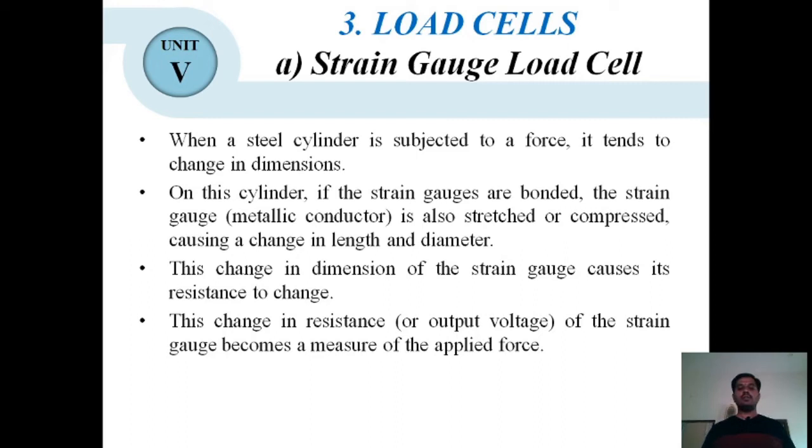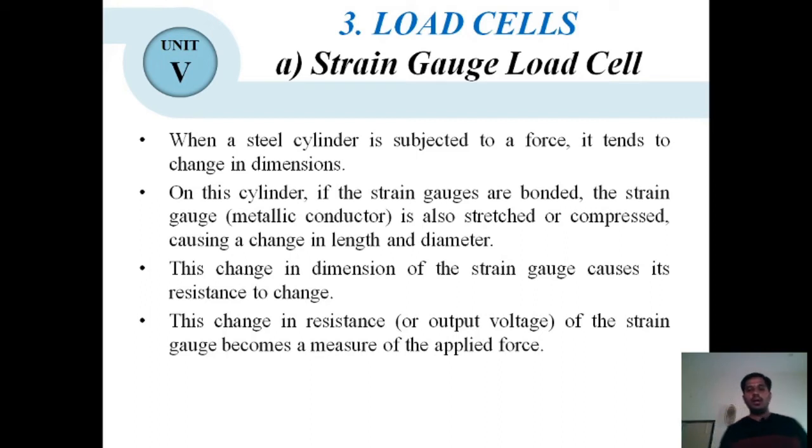On the cylinder to which we apply the forces, we bond the strain gauges. Strain gauges are metallic conductors. Since we are bonding these strain gauges on the cylinder, whatever deflection is observed on the cylindrical surface will give us an electrical voltage from the strain gauge.